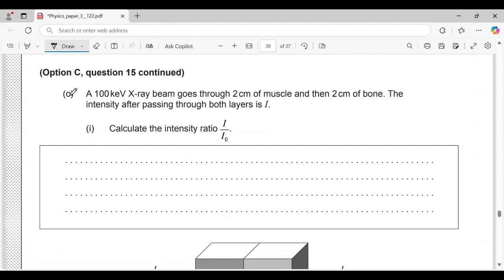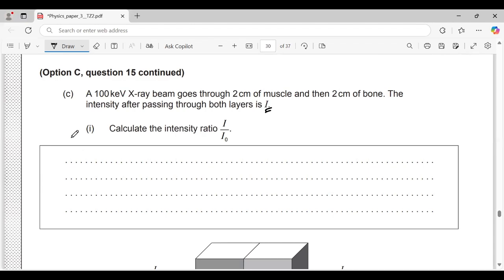C. A 100 kilo electron volt X-ray beam goes through 2 centimeters of muscle and then 2 centimeters of bone. The intensity after passing through both layers is I. Calculate the intensity ratio I over I0.